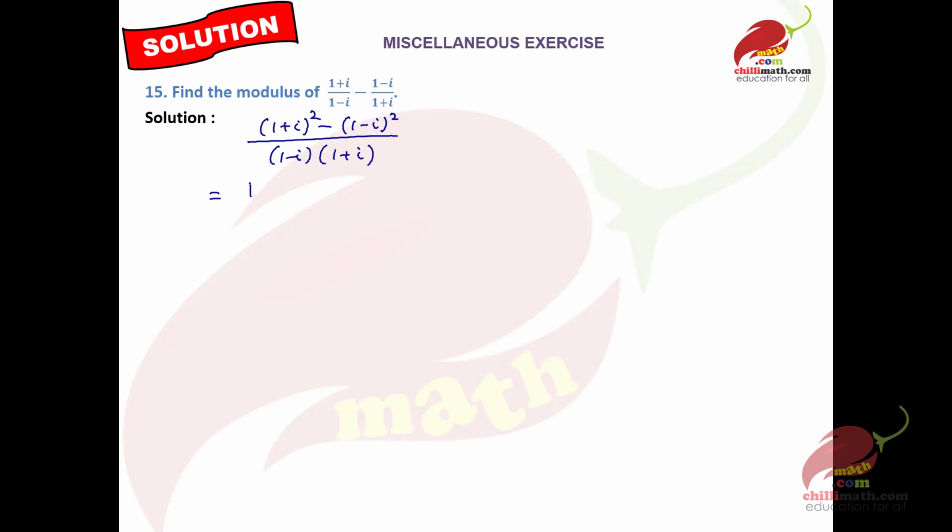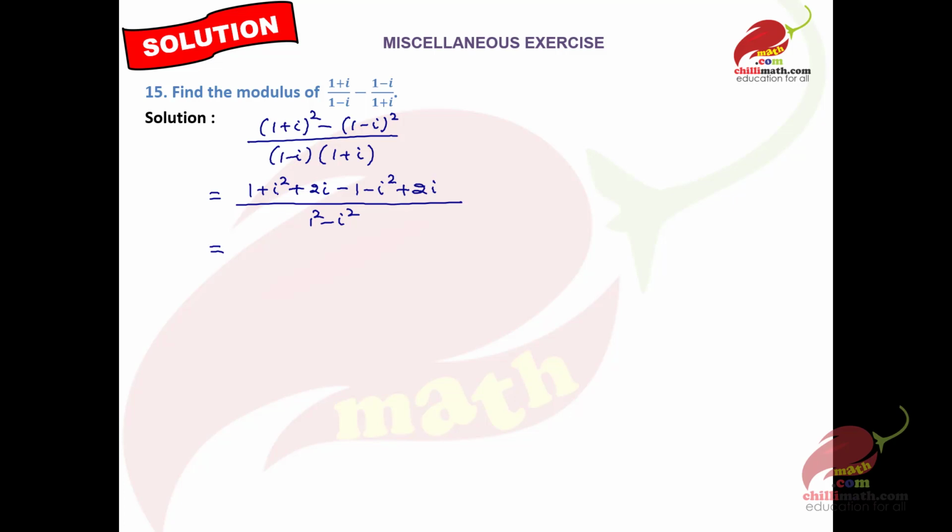This is (a + b)², so a² + b² + 2ab, minus (a² + b² − 2ab) — but minus is outside, so minus b² minus 2ab, outside minus, so plus 2ab — over (a − b)(a + b), a² − b².